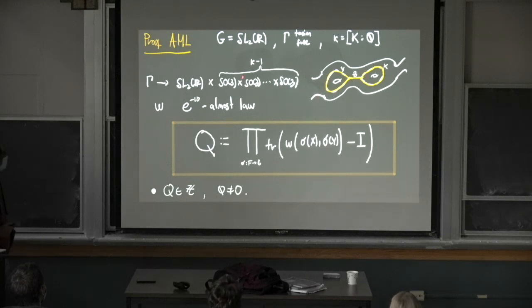So the word was like some word here, X squared, let's say, and my Y squared, whatever. It is doing something, but this is when you look at this embedding in SL2R. But when you look in the SO3, this has to be very close to the identity. So here it has to be very close to the identity.